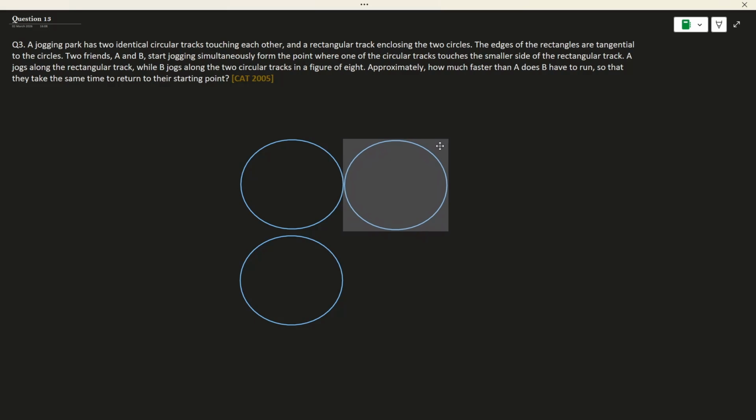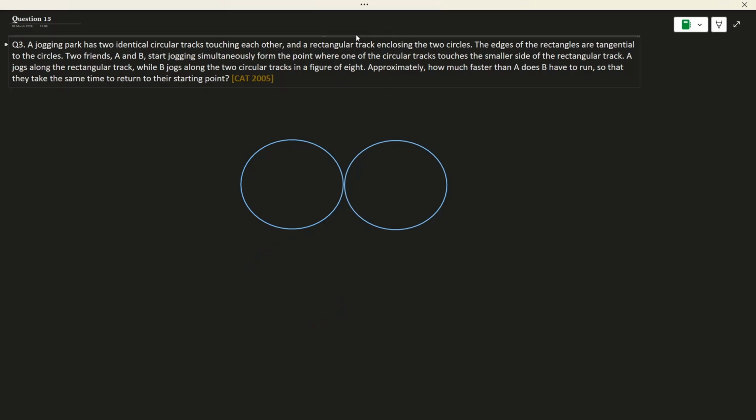All right. Okay, and the two circles are enclosed in a rectangle. The edges of the rectangle are tangential to the circles.